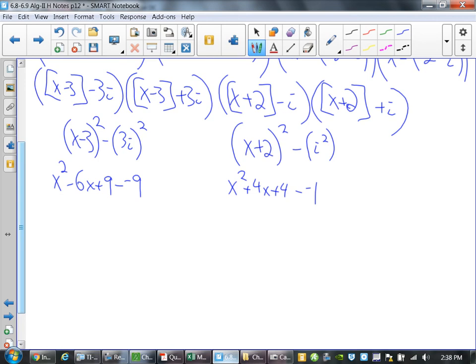So what's 9 minus negative 9? 18. And then you would just multiply all of that out, get your fourth degree polynomial.